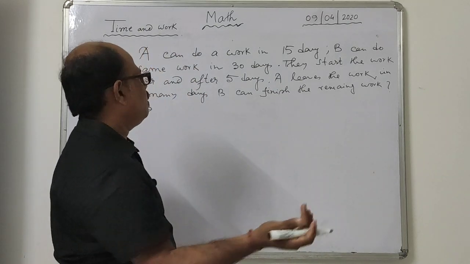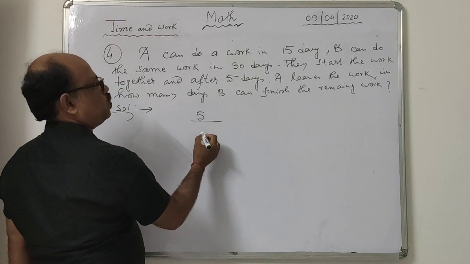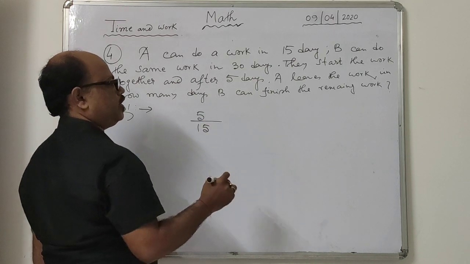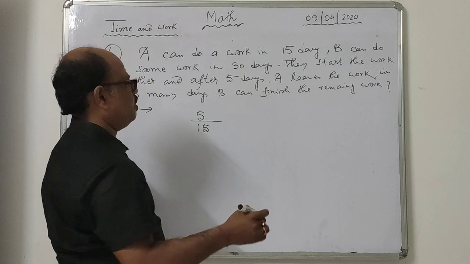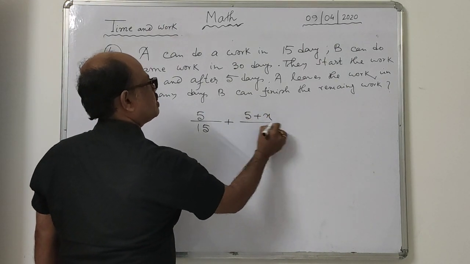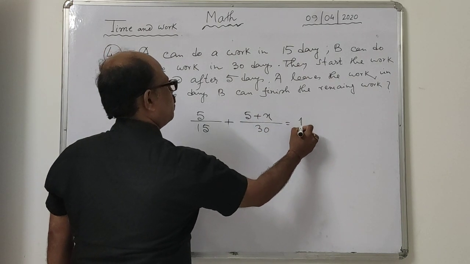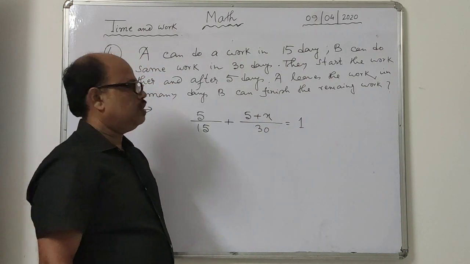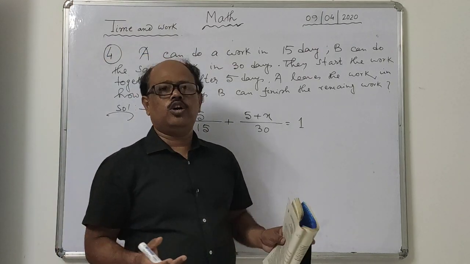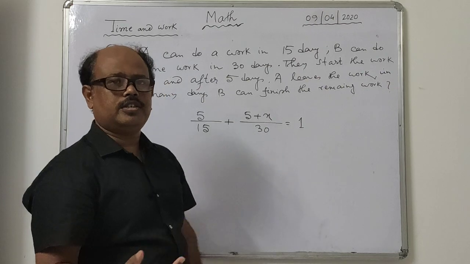Therefore, look, A can do in 1 day 1 by 15, in 5 days 5 by 15, plus B can do 5 plus X days, that is 5 plus X by 30, equal to 1. After the working of A and B, the whole work will be done, that is the one part.